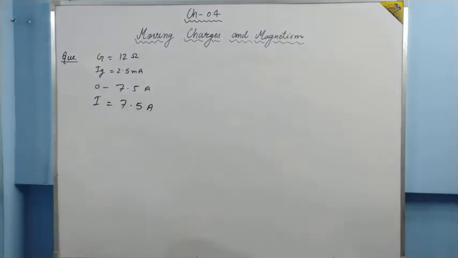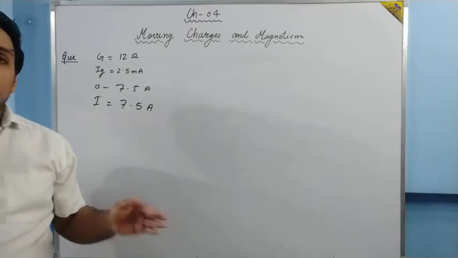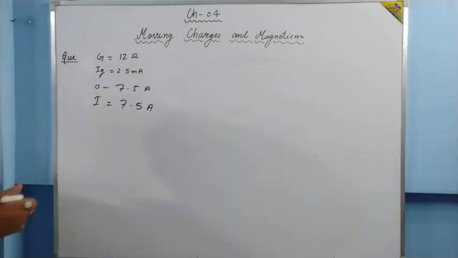The first line you are going to write is: to convert the galvanometer into an ammeter, we have to connect a low resistance wire called shunt in parallel. Okay?